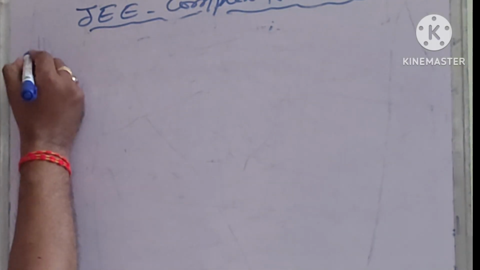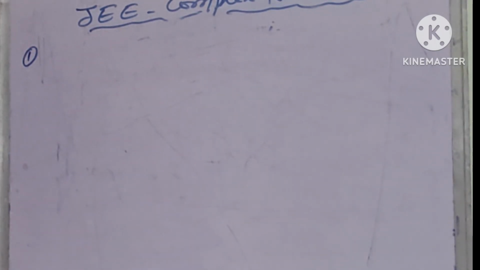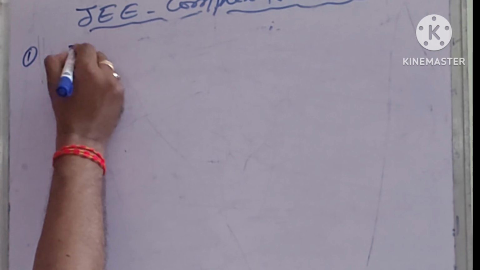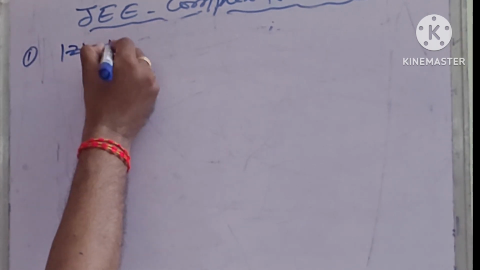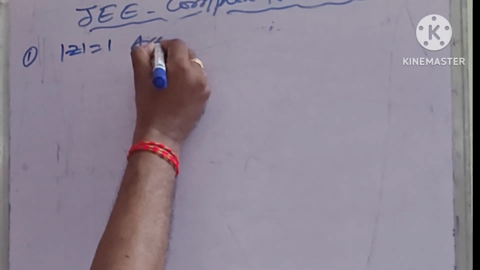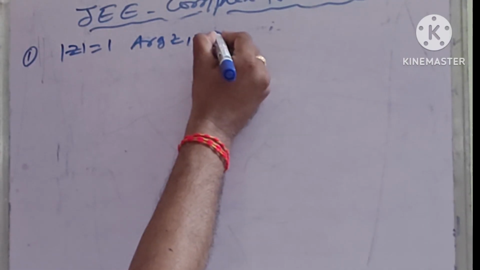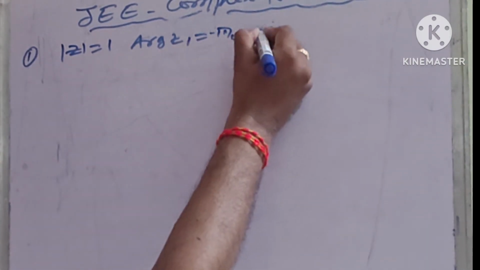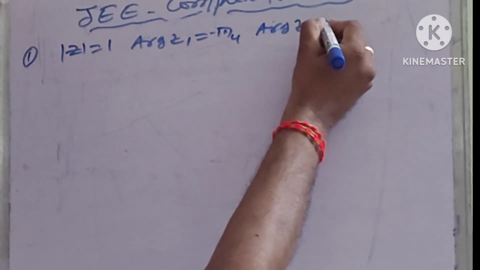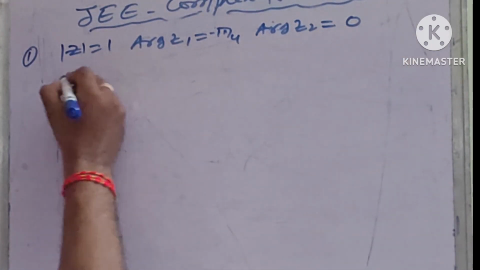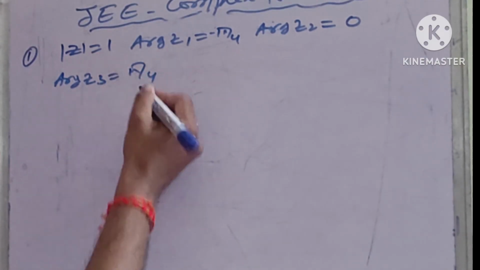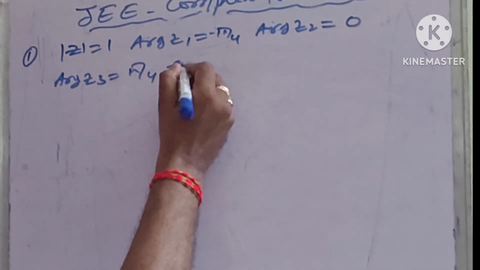One more model, 2025. So Z is a complex number, then mod Z is equal to 1, and arg Z1 is equal to minus pi by 4, arg Z2 is equal to 0 and arg Z3 is equal to pi by 4.